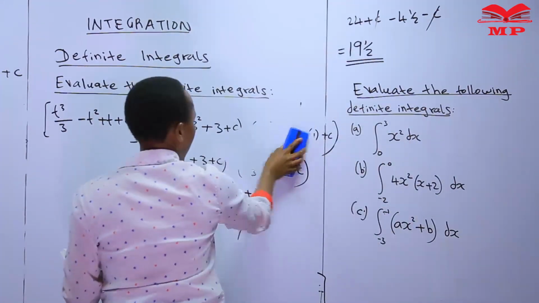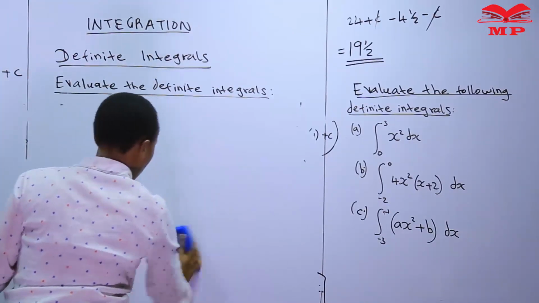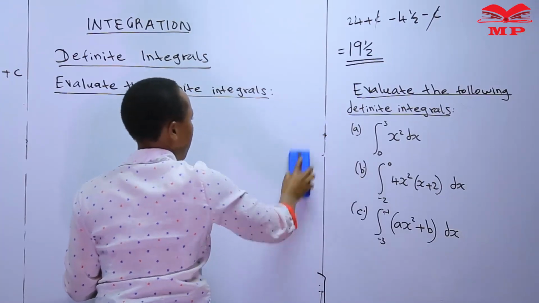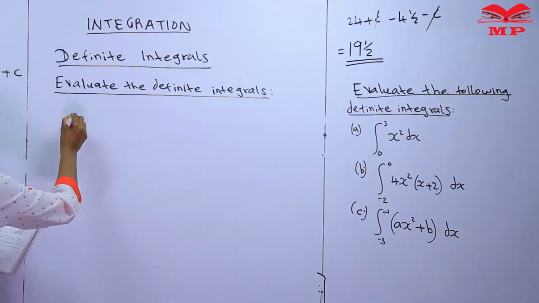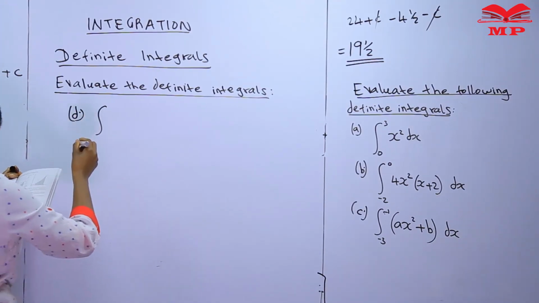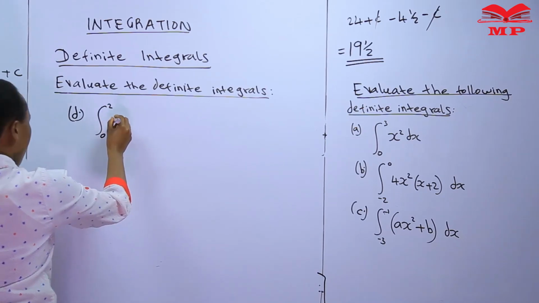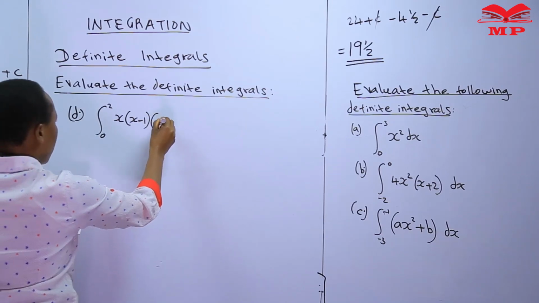Then again, number D, you need to evaluate and get the exact value for that. Number D, you've been given the following. This one is from 0 to 2. We have x minus 1, then x minus 2.